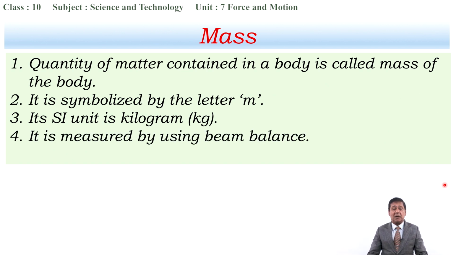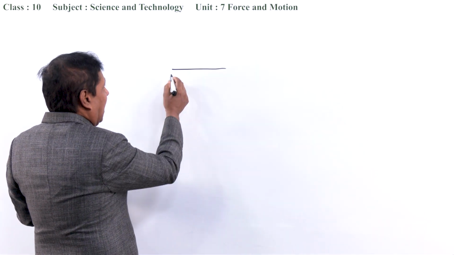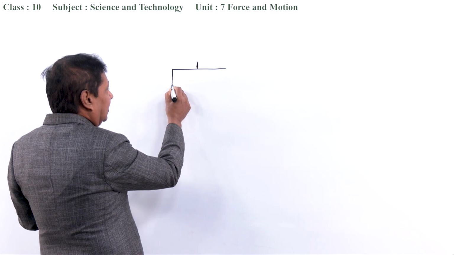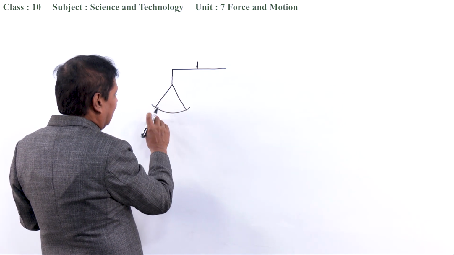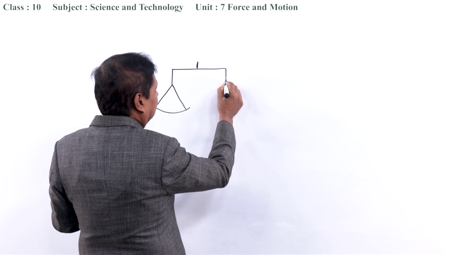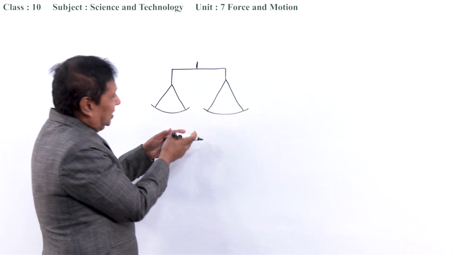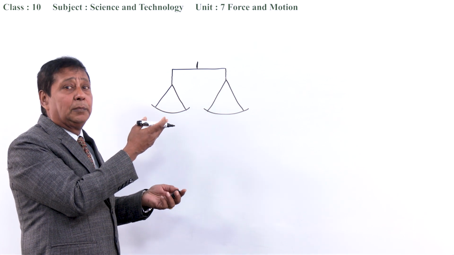Next, it is measured by using a beam balance. Now we can say it like this. Let's say this is a beam and this is the central part of the beam, and we have a pan at this place and at another end this. This is a very simple representation of a beam balance.